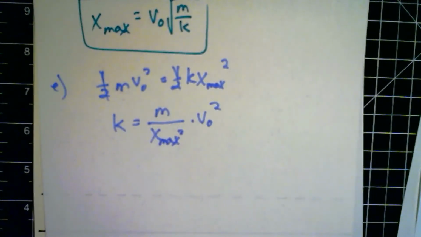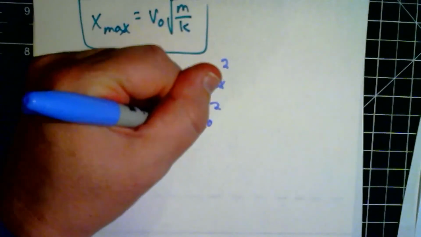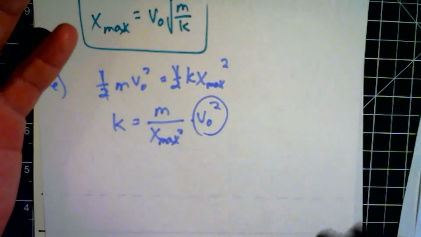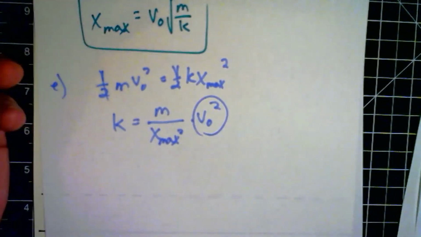Now, what we want to do is say, well, what should I graph to be able to get k? It doesn't say to actually do it. It just says, what should I graph? Well, you don't want to graph a constant. That's kind of dumb. Later on, when you do a calculation, you can multiply by v naught squared.